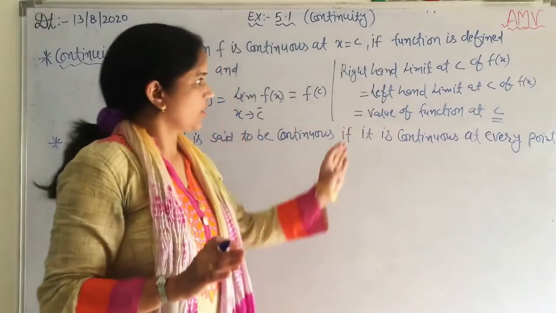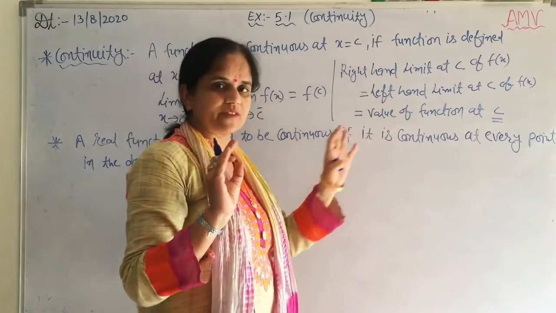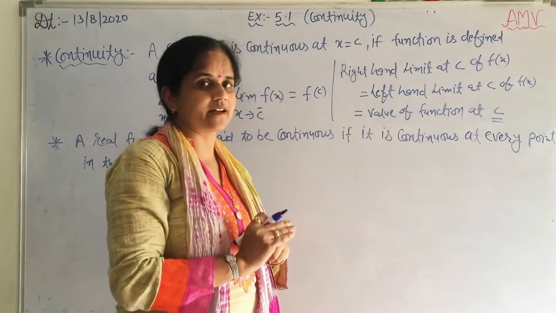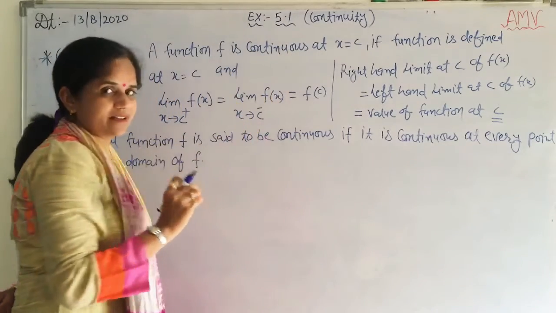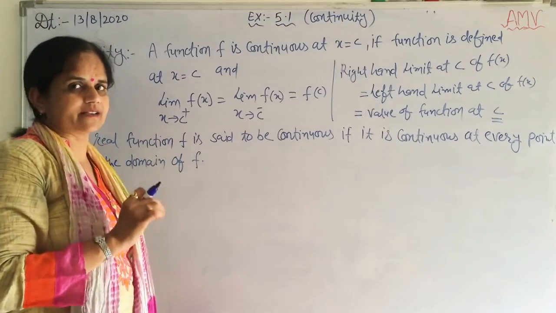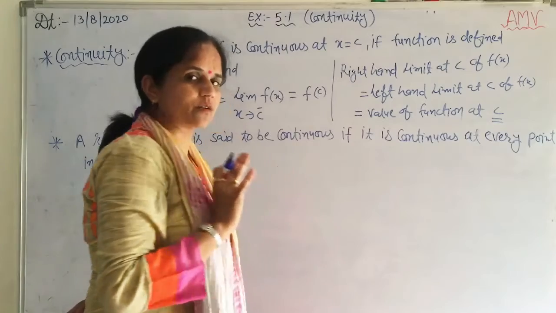If all three, the right hand limit, the left hand limit and the value of the function, exist and are equal, then only is the function continuous at the given point, x equal to c. Here c is any point that would be given in the question.